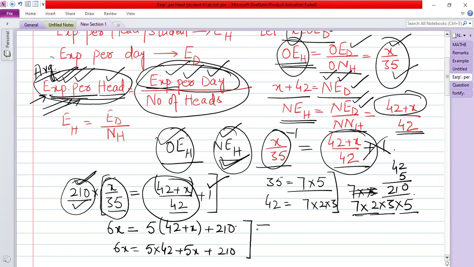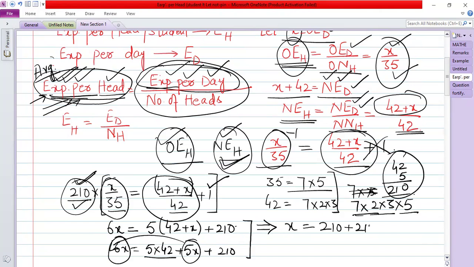From here, the 5X will come to this side. So 6X minus 5X will be X. And what is 5 into 42? We had just done it, it is 210, and plus 210 gives 420. And this was the answer.